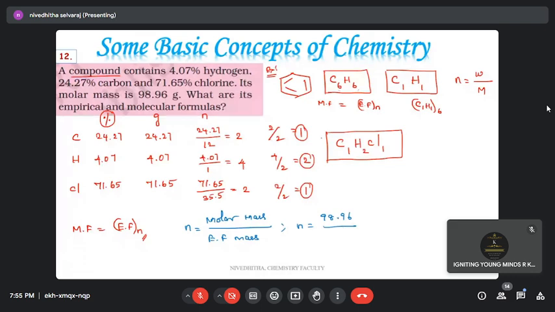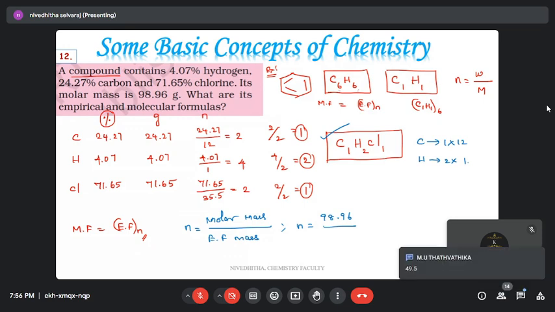Here we have the empirical formula from which we can calculate the empirical formula mass. So here we have only one carbon and atomic weight of carbon is 12. Hydrogen, we have 2 hydrogens and atomic weight of hydrogen is again 1. And chlorine's atomic weight is 35.5. So 1 into 12 is 12, 2 into 1 is 2, and this is 35.5.